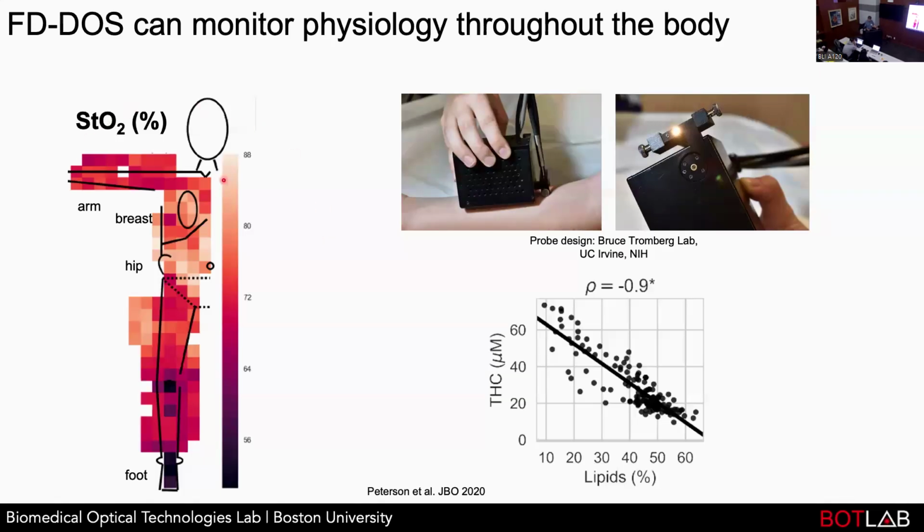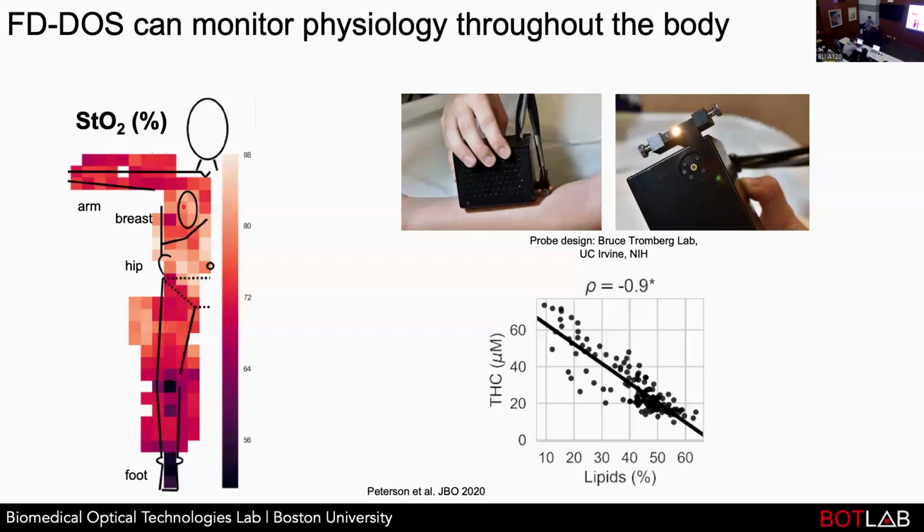We've also used it to measure many different parts of the body. This is oxygen saturation measured over half of a person, from their arms all the way down to their feet. I really like this plot. I was unaware of how large the effect of being close to the core versus the periphery is on oxygen saturation.